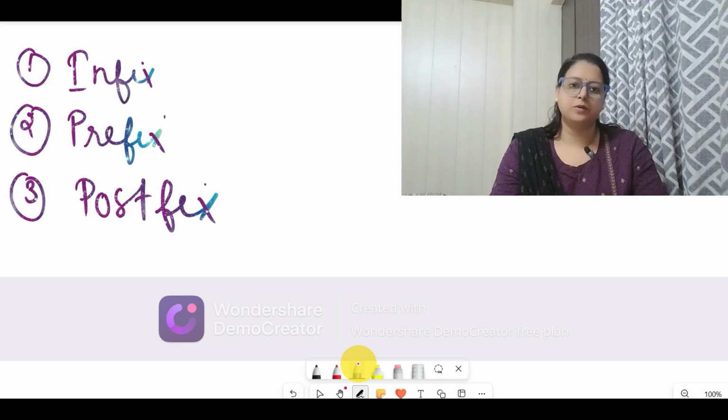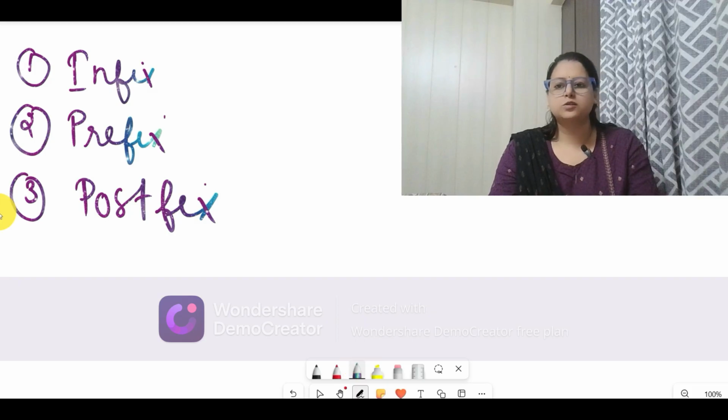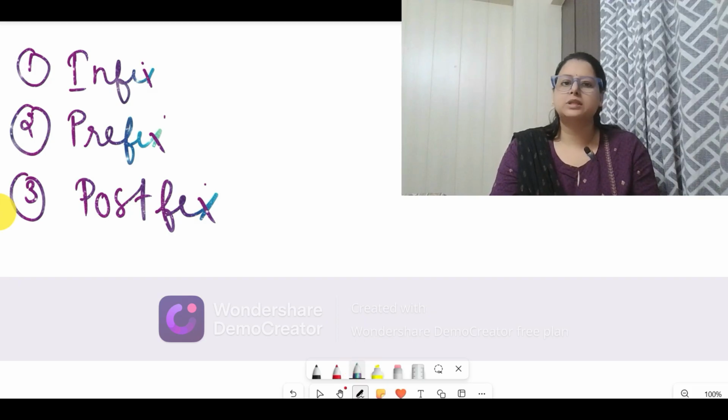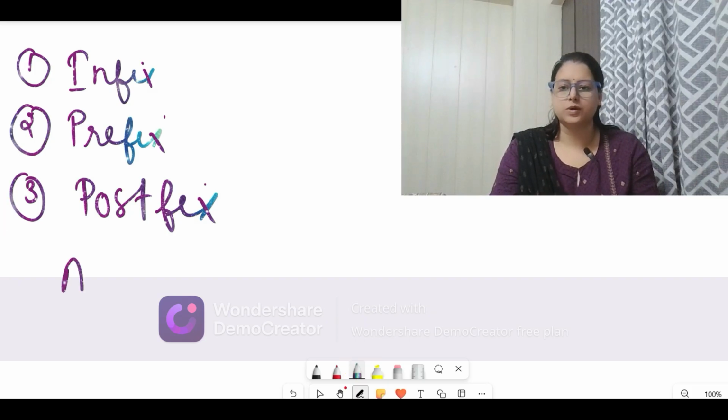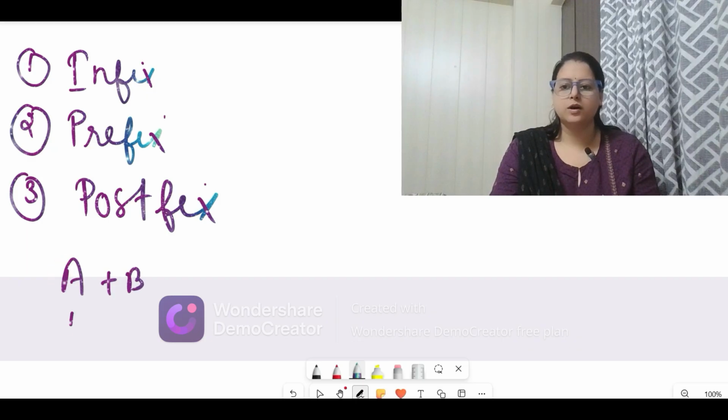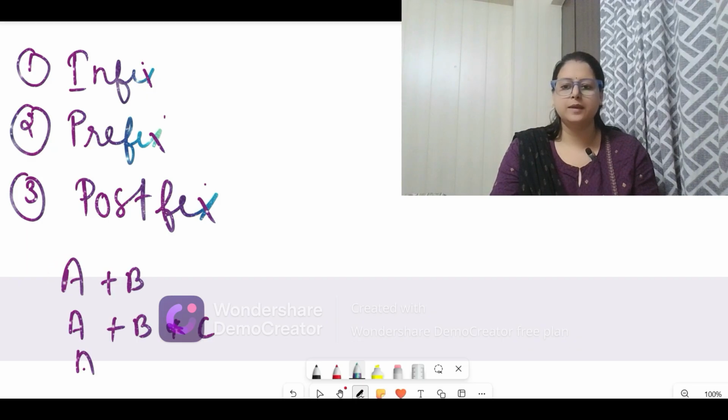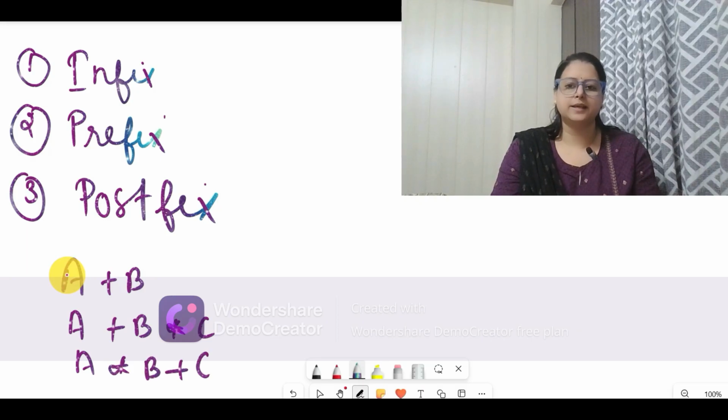In all three forms, we as humans and computers both can use these forms for expressions. First of all, we are very familiar with our form of expression, that is this one, A plus B, or A plus B multiplied by C, or A multiplied by B plus C.